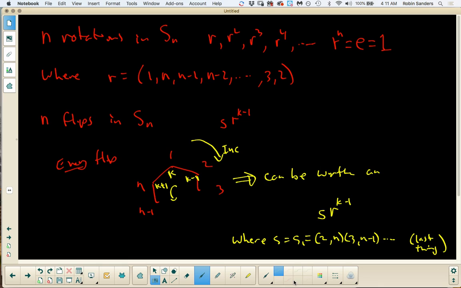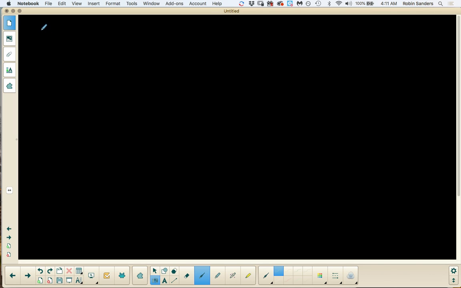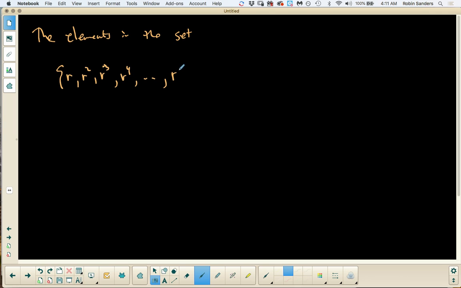Well, to kind of wrap this up, what this means is that the elements in the set are r squared, r cubed, r to the fourth, all the way up to r to the n, which is going to be our do-nothing permutation, and then r followed by s, r squared followed by s, r cubed followed by s, all the way up to r to the n followed by s, which is just going to be s.